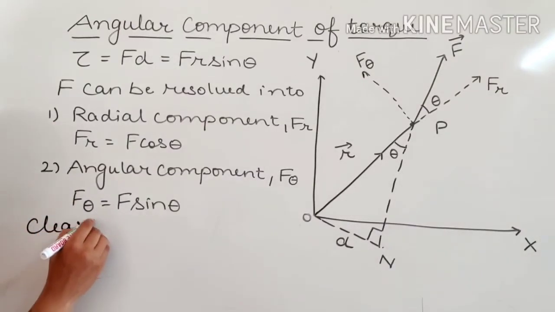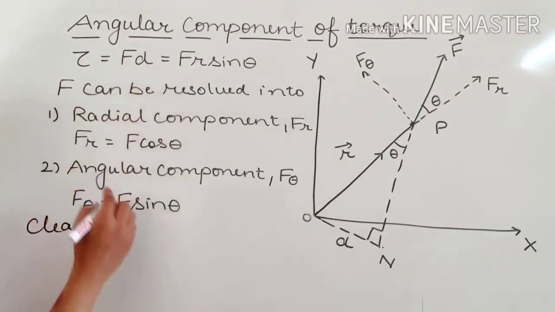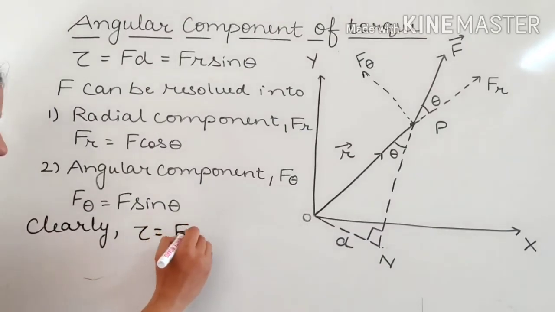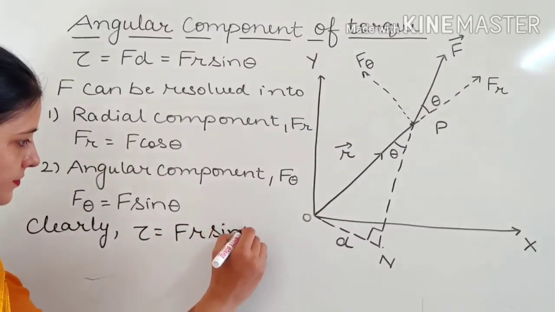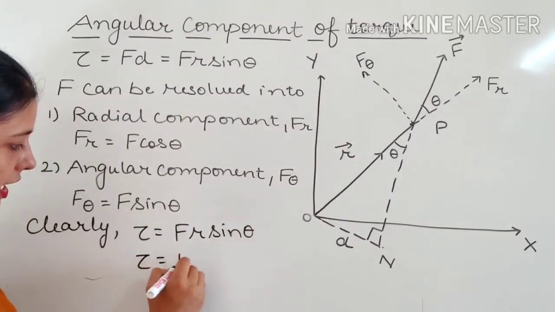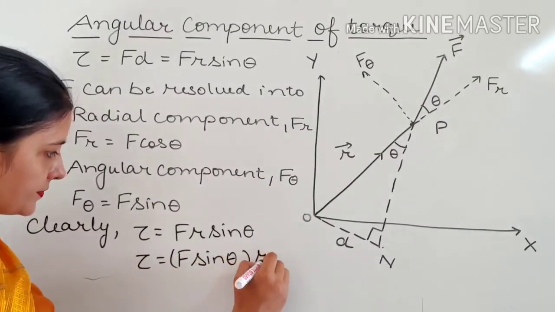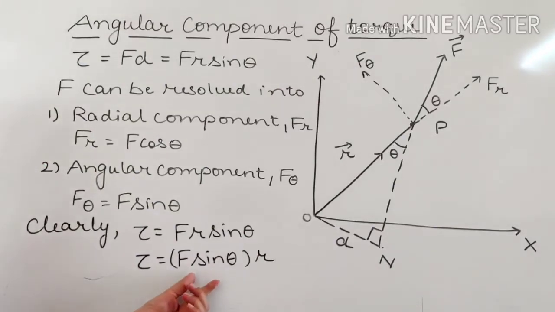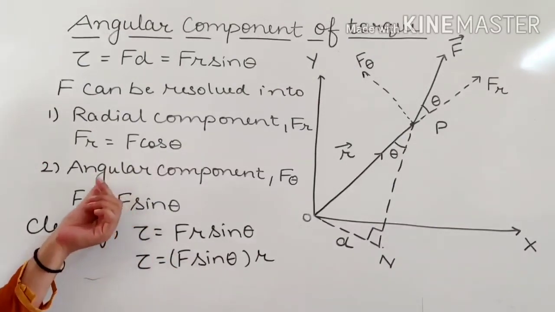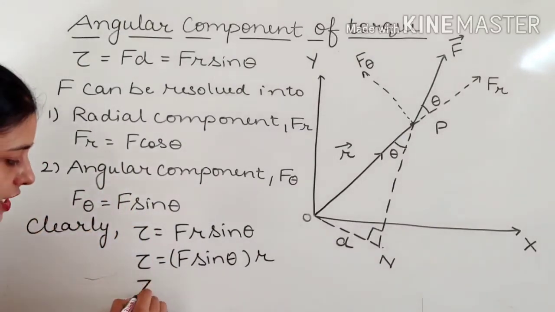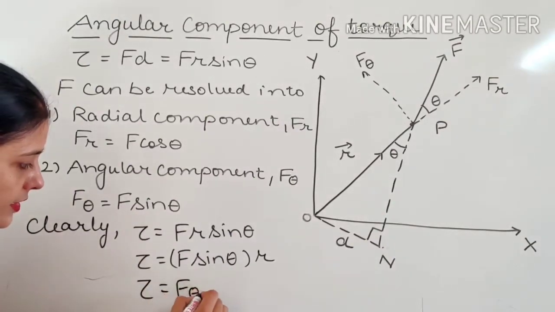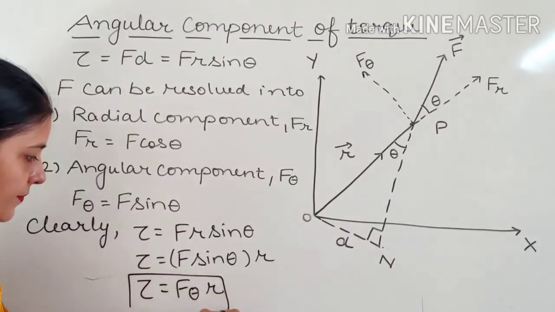Clearly, torque is F r sine theta. We can write F sine theta multiplied by r. Here, F sine theta is the angular component, that is F theta, multiplied by r.